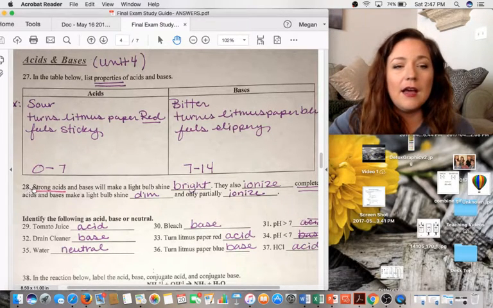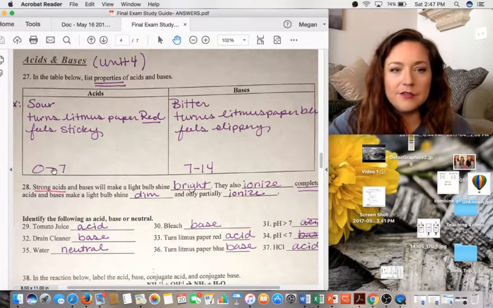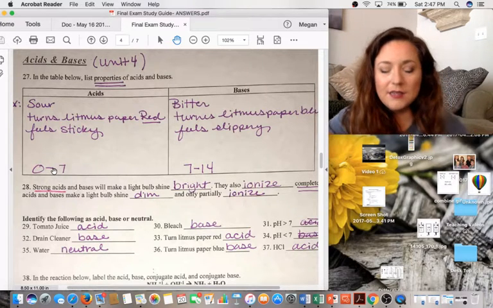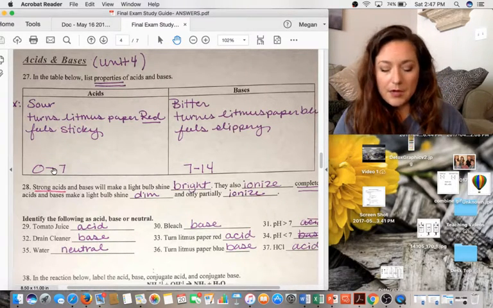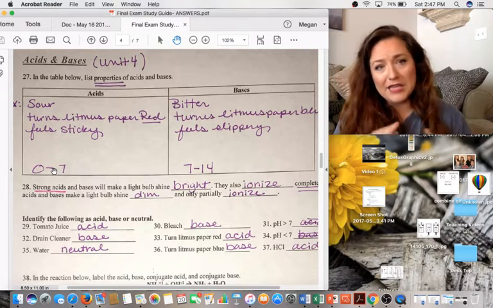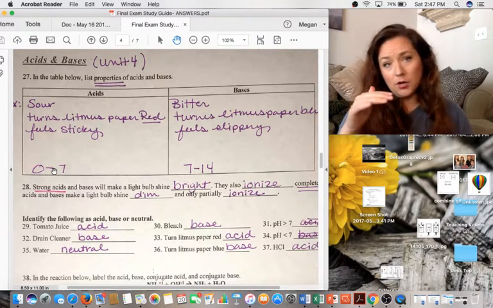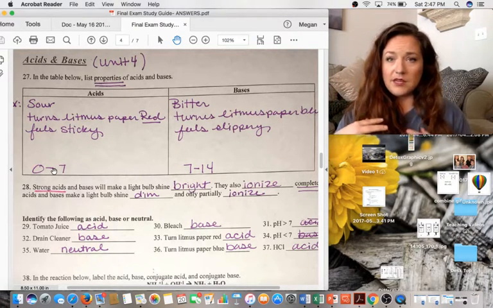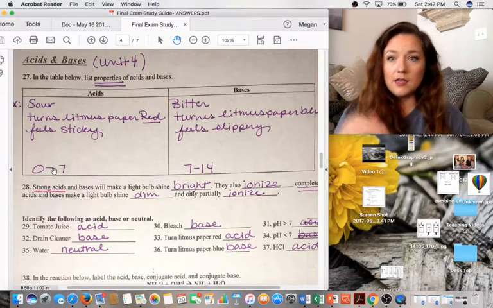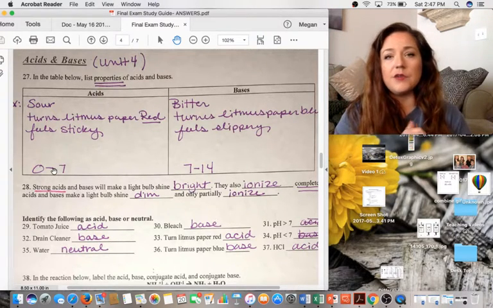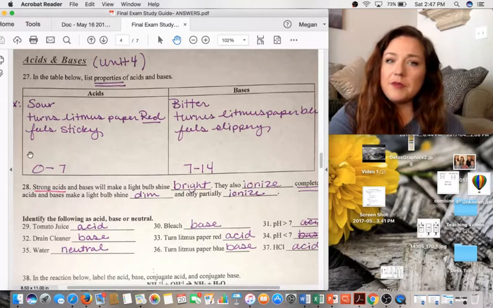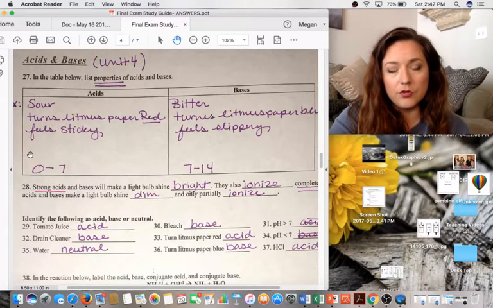Please remember that 0 to technically 6.9 is your acids. Anything below 7 is an acid, and above 7 is a base. Remember that absolute 7 is your neutral.